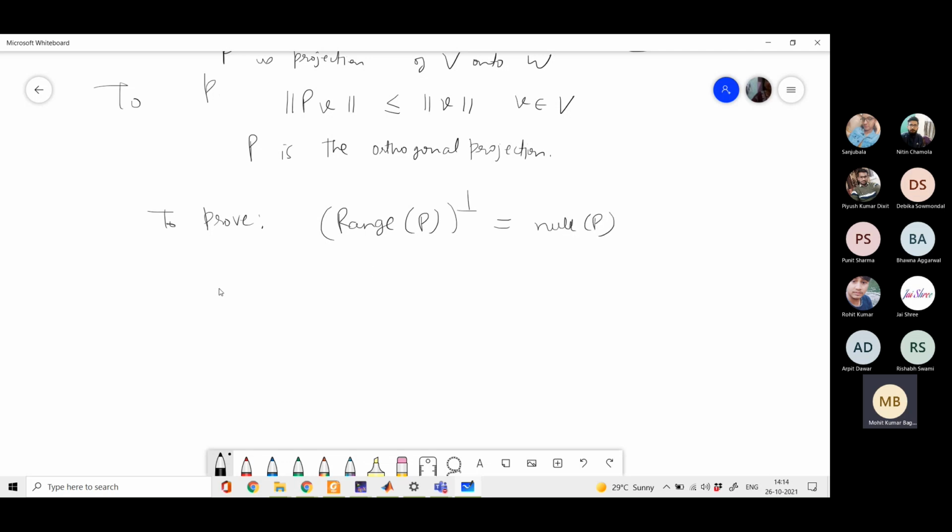So how to show this? You have to show this based upon the given information. How will you show this?